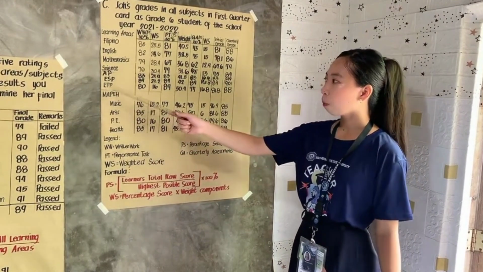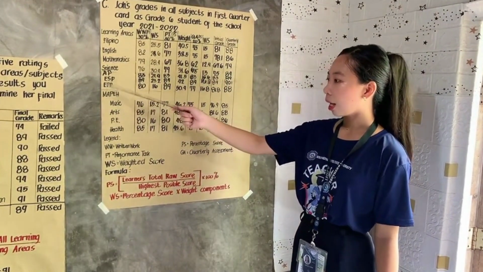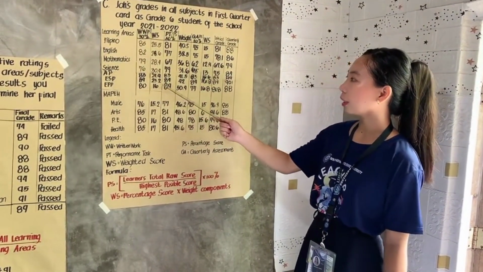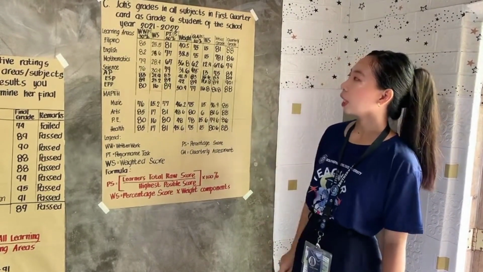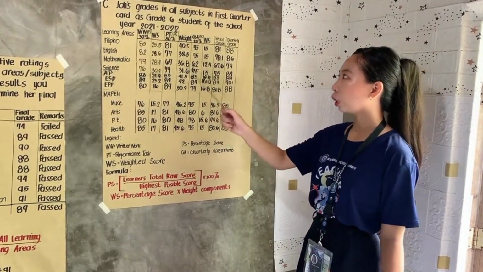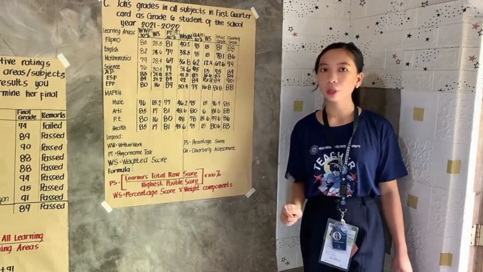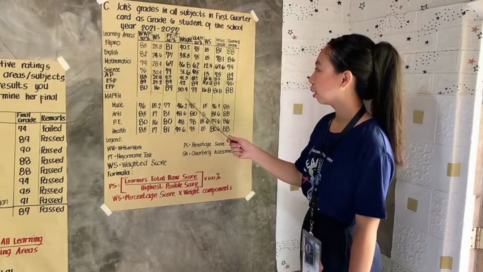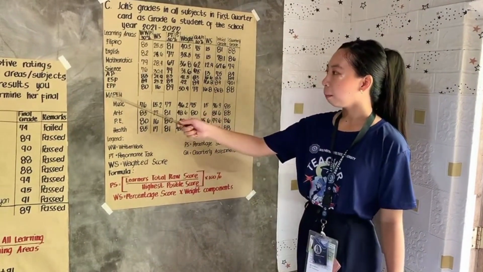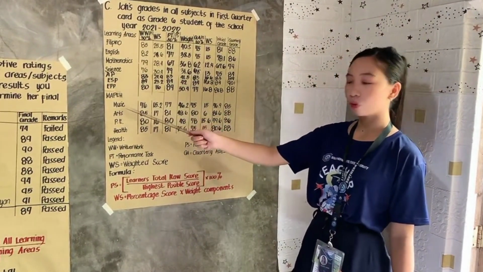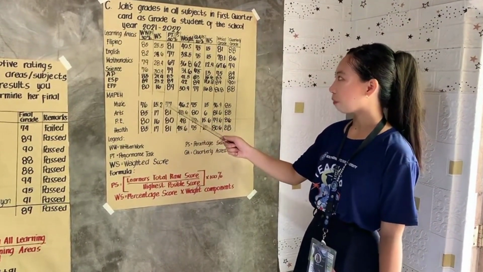In Edukasyong Pantahanan at Pangkabuhayan, he got 89 multiplied with 0.50. He got 50.4 as a weighted score. And in MAPE, especially in music, he got 77.